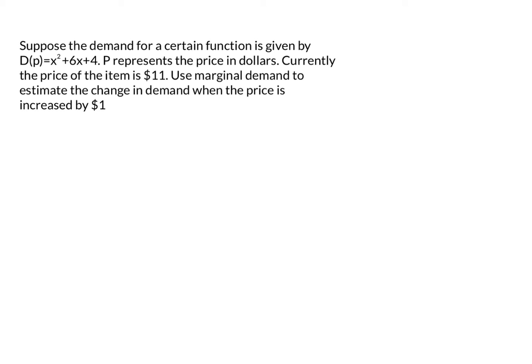Okay, so if I take the demand function, and these were really supposed to be p's right here, I wrote x's, but anyway, D prime of p is 2p plus 6.